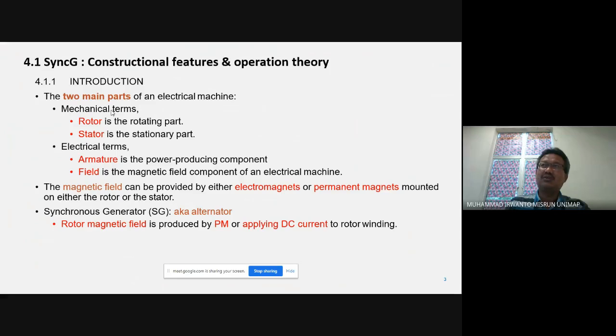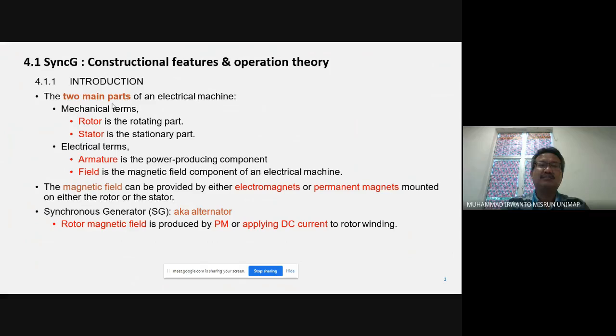The first is the rotor, the mechanical or rotating part, and the stator, the stationary part. Normally, the rotor and stator are separated by the air gap.